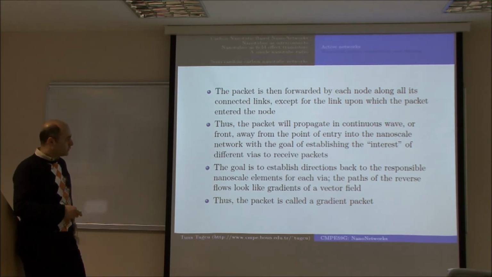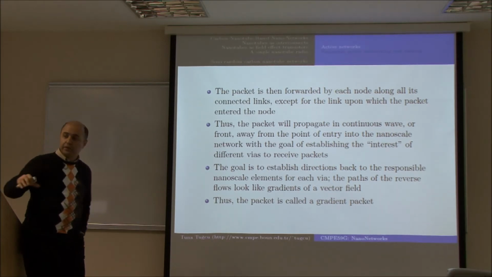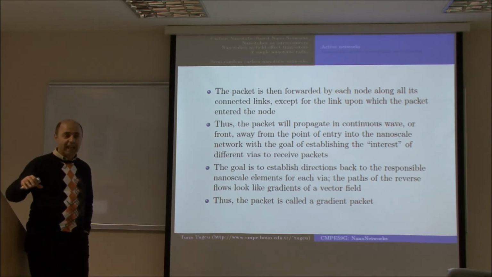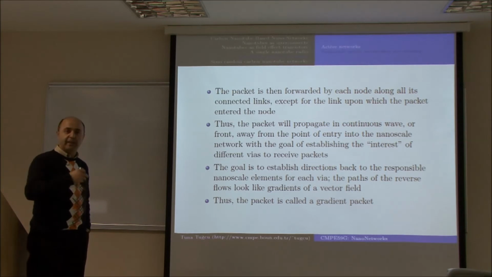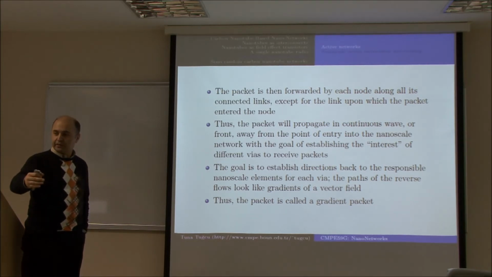Okay, so we have the information coming through the via, and the via tells it to the via interface. The via interface gossips it to the environment, and the neighbors of the via gossip it to their neighbors. This way, the interest is propagated. Okay?